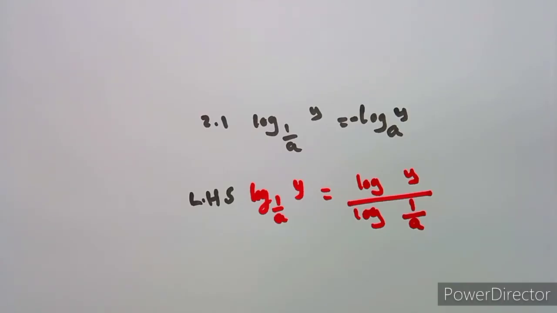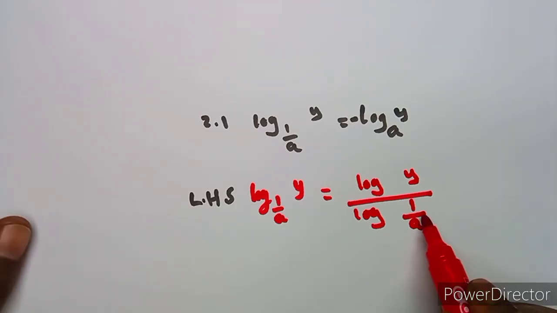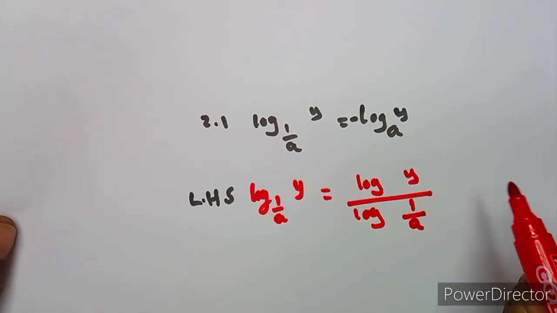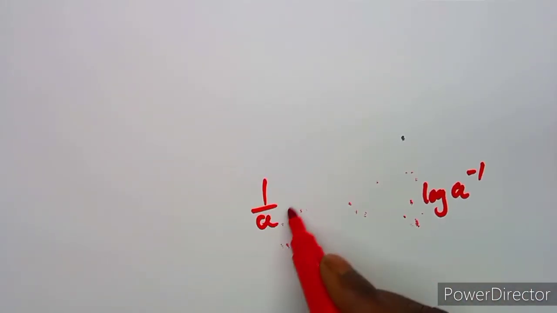But the moment we write this now as a log, it gives us the power to write it as log a to the exponent of minus 1 from 1 over a, which is a to the exponent of minus 1.